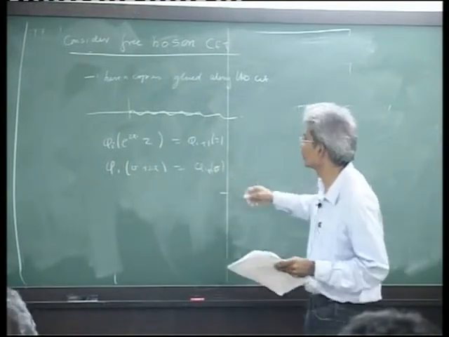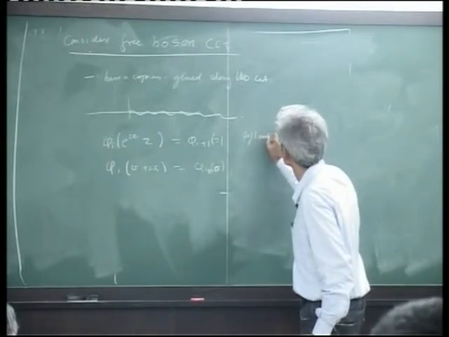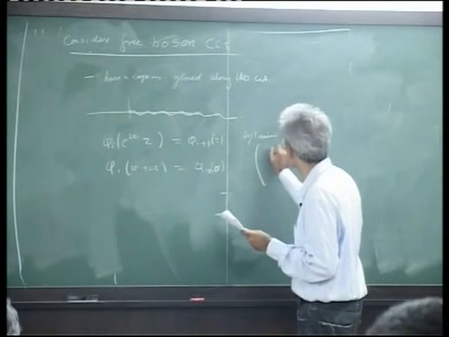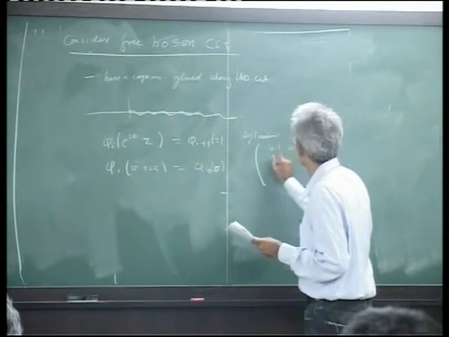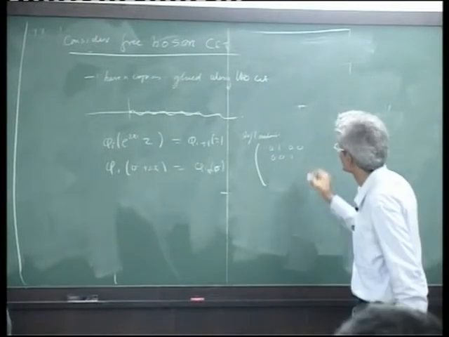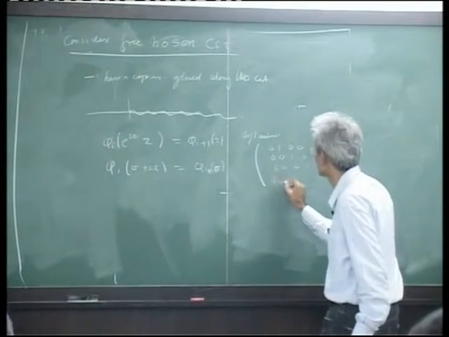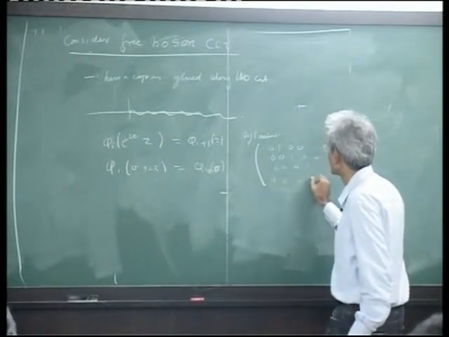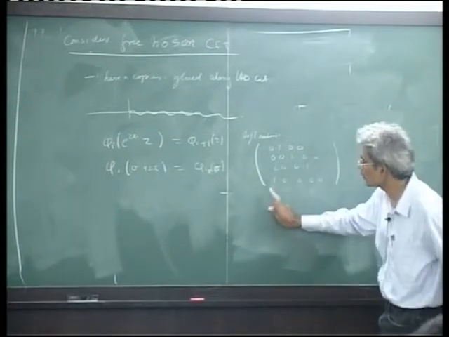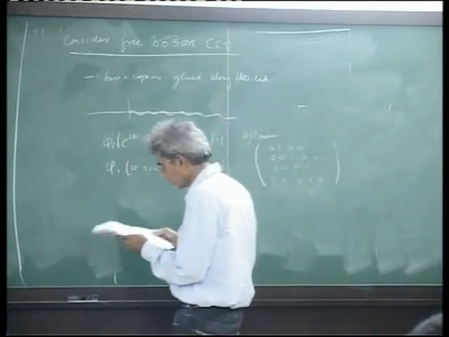Finally there is a periodic identification, so it's basically the shift matrix. If you think of the copies as a column vector, the identification is implemented by this shift matrix, with 1 in the last entry. For fermions, there will be a -1 here. That's the difference.